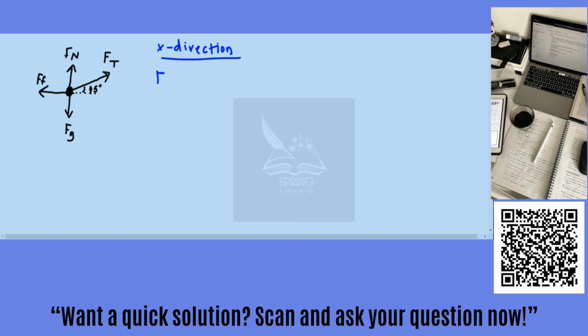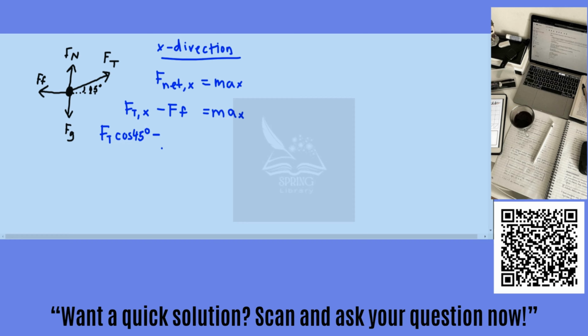So in the x direction, we have the x component of tension, subtract the friction force. And the x component of tension we can calculate using Ft cos 45 degrees.